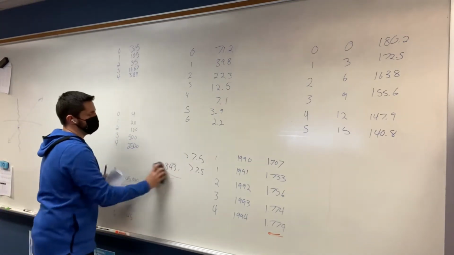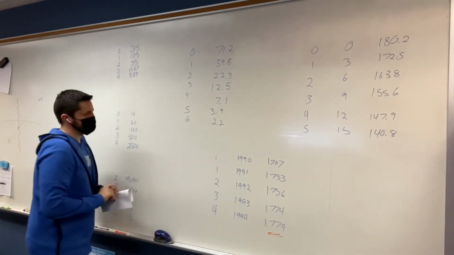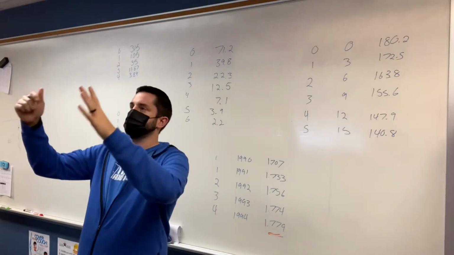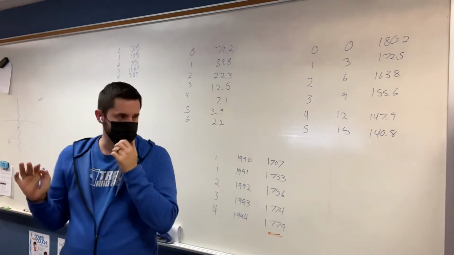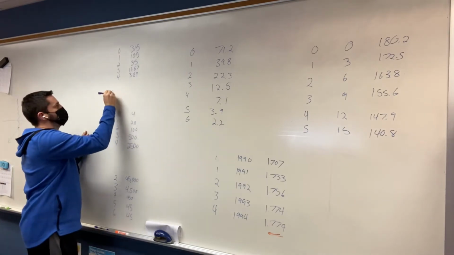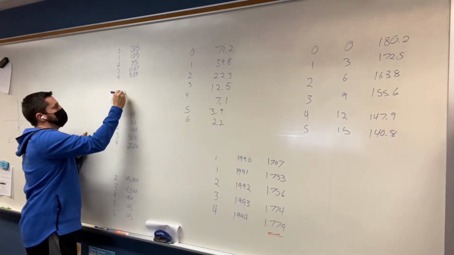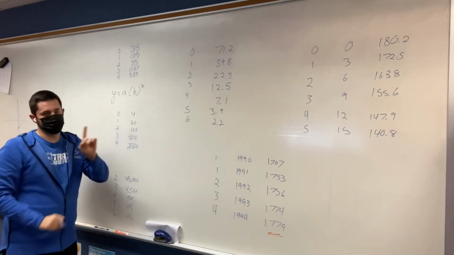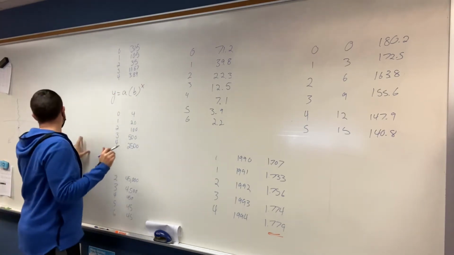Now, all the rest of these are the meat and potatoes of this entire test: here's a table, what's the equation? That's the biggest thing, okay? I need my y equals a times b to the x. I'll write that once so that you should have that down in some sort of notes, okay?